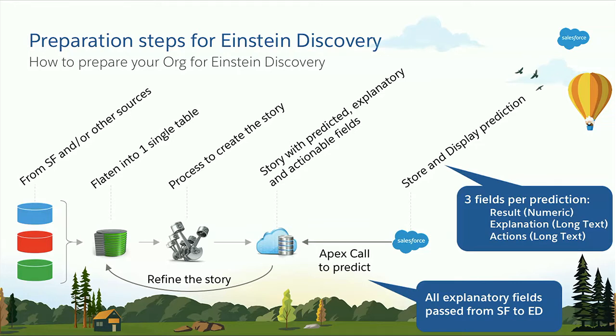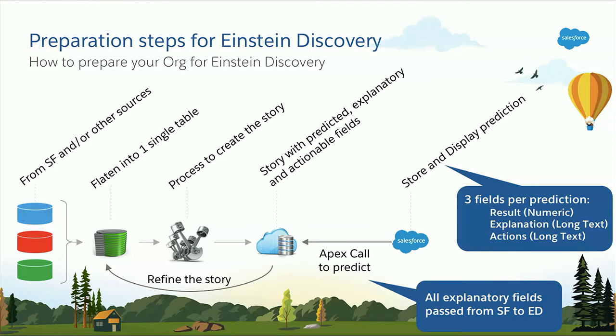The first one is why, the explanation of why you have this result. And the second one is about the actions. What can you do to augment your success about the question you asked, or classification, or the numeric value you want to minimize or maximize.